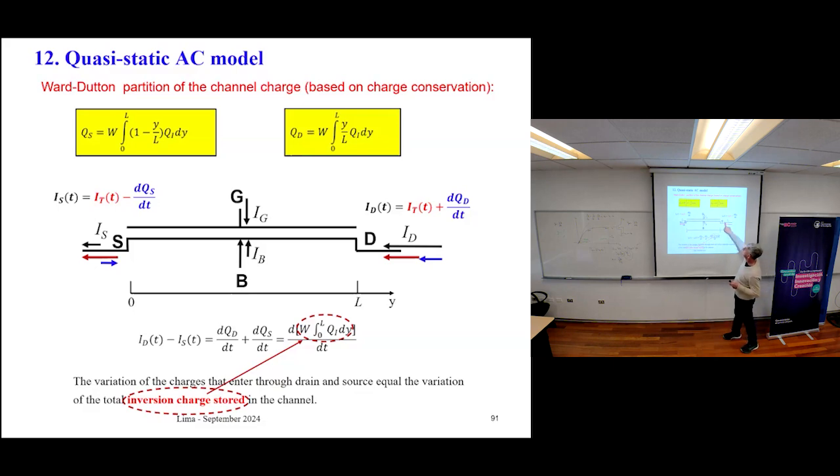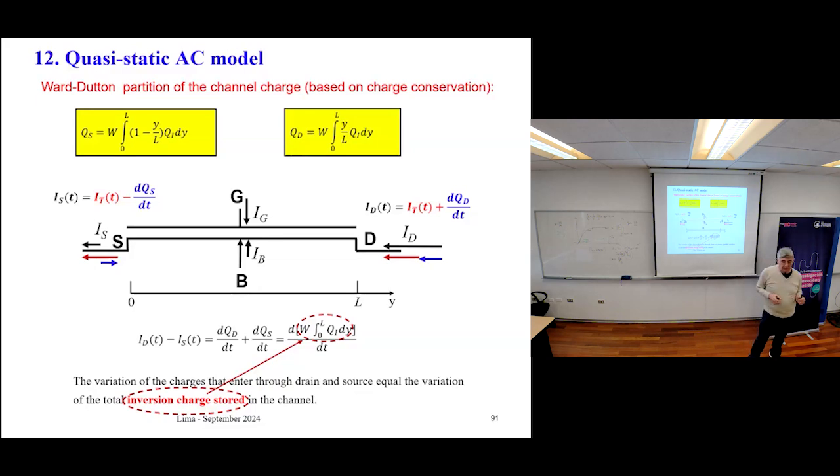Well, when the voltage here changes, somehow you change the inversion charge density in the channel. Where does this charge come from? From the source or from the drain? How do you know? Maybe half from each side. I don't know. Okay, that was the problem when they started to model the transistor.